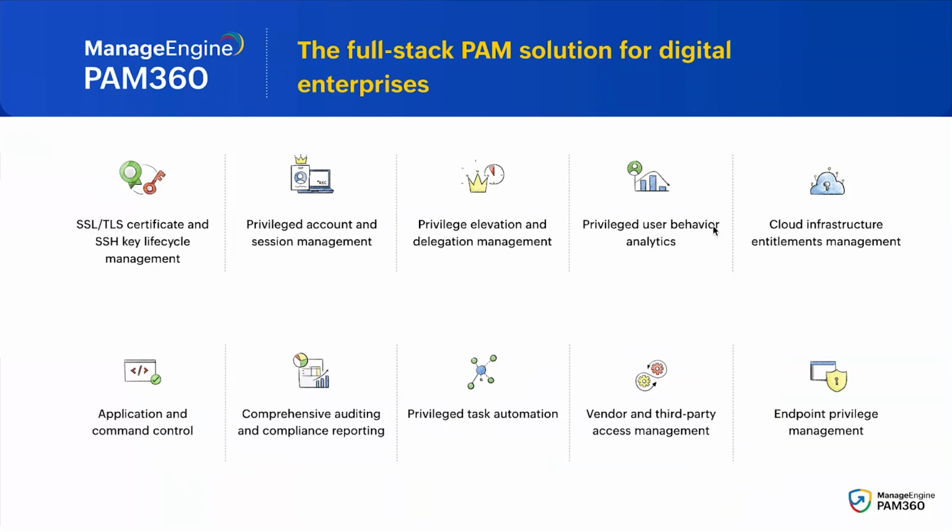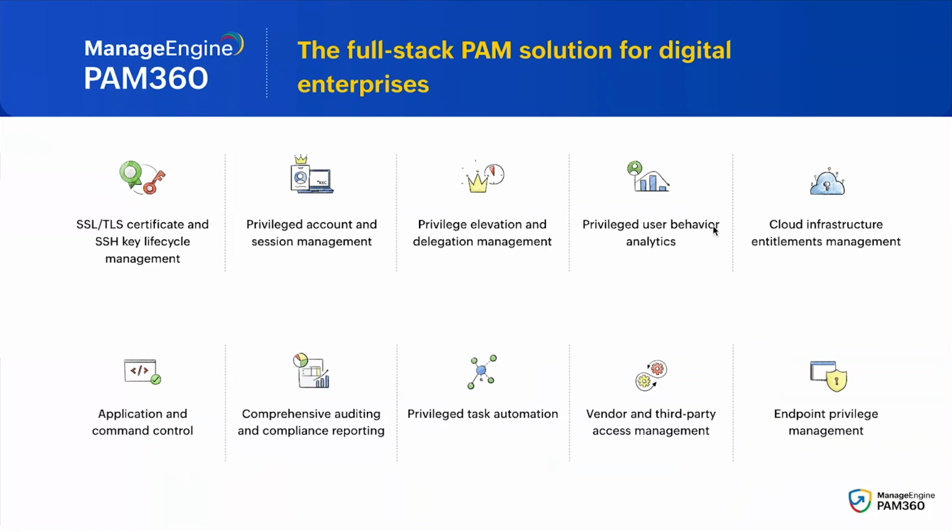Once a third-party vendor is added into the HRMS solution, the privileged task automation feature for PAM 360 automatically adds them to PAM 360, routing all privileged access through a single console, which you've seen today, right? So this is all that PAM 360 is capable of, and much more, right?